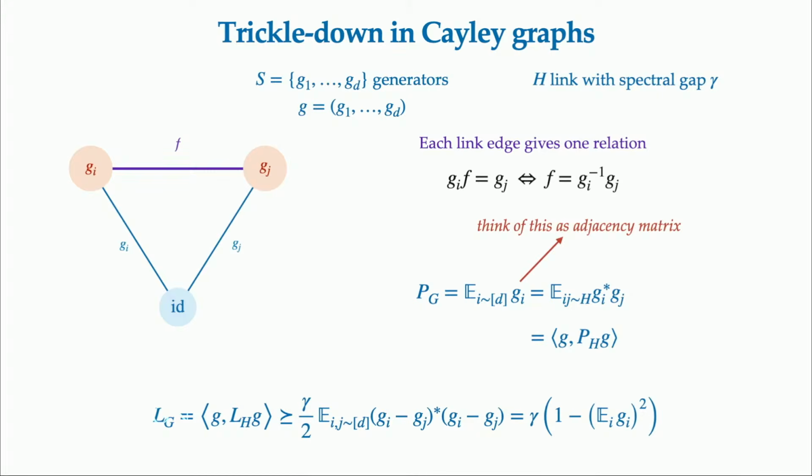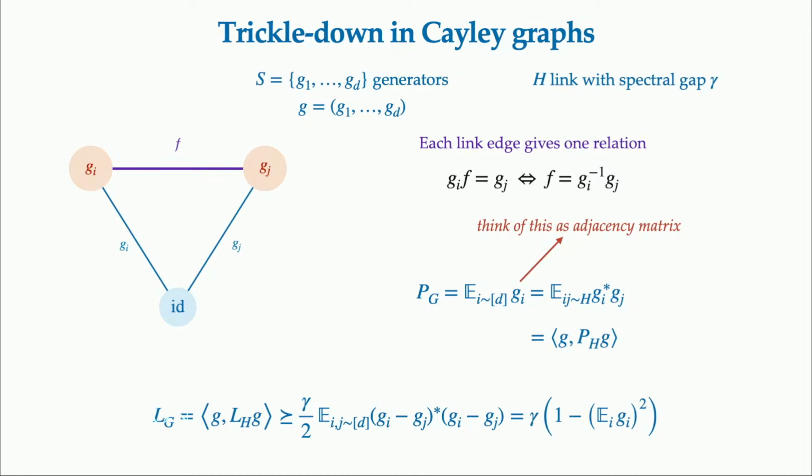If you've not really worked with the Laplacian before, it might look a bit fast, but you can maybe treat it as an exercise to see that your Laplacian having a spectral gap is actually equivalent to saying that when you take the quadratic form with some formal set of variables, maybe you should be thinking of them as matrices, it's PSD at least the spectral gap gamma. The gamma is the same gamma as the spectral gap of the link.